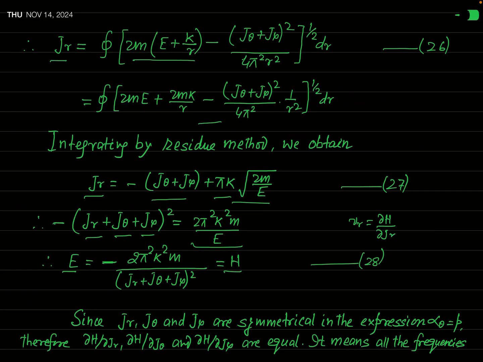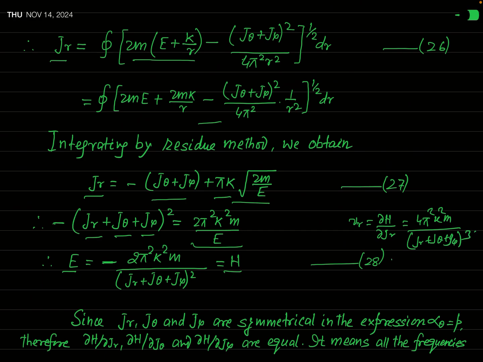From this result you can see this will be equal to 4π²k²m divided by (Jr + jθ + jφ) whole cube.